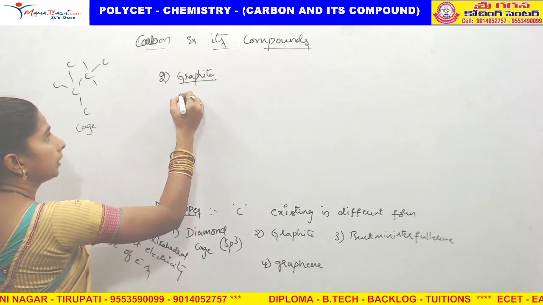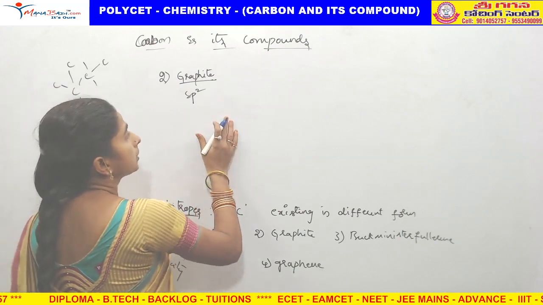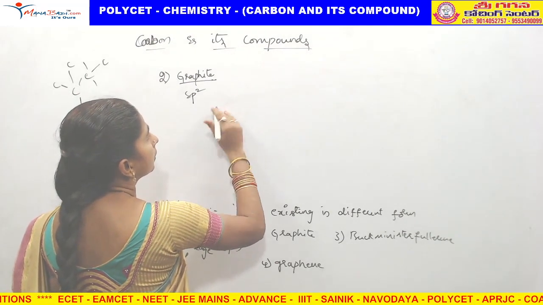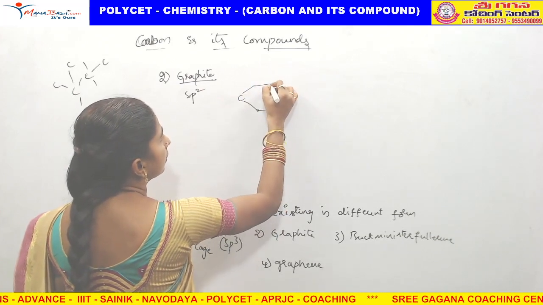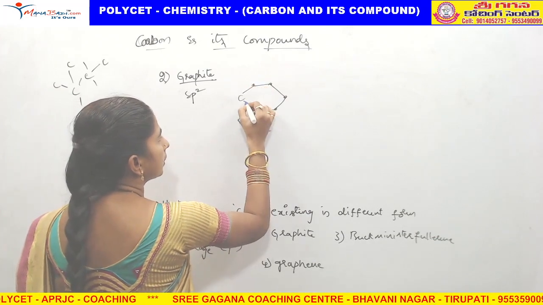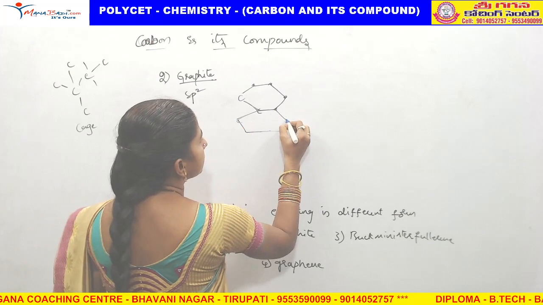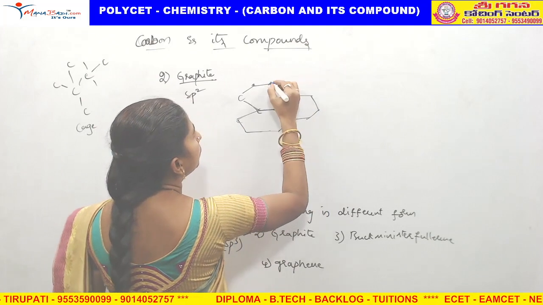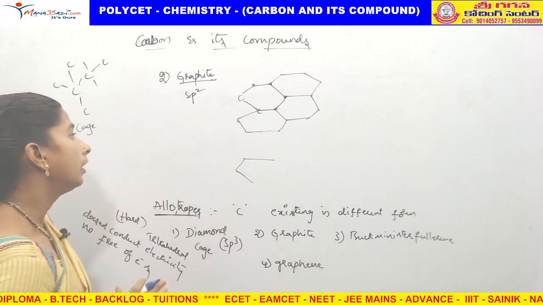Graphite is an sp2 hybridized carbon. All carbons are arranged hexagonally, like this. All these are carbons only. Because a tetrahedral structure is for sp3, for sp2 they are arranged hexagonally with each other in layers.